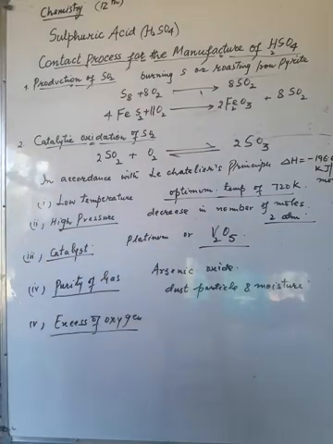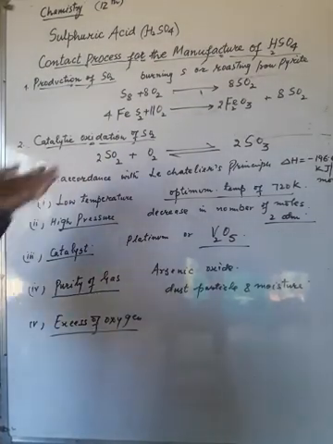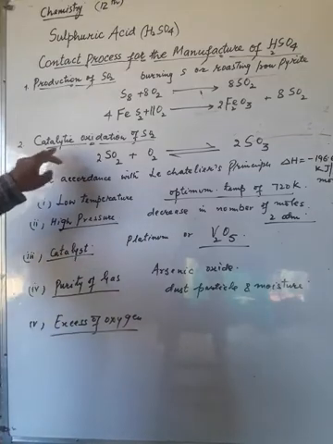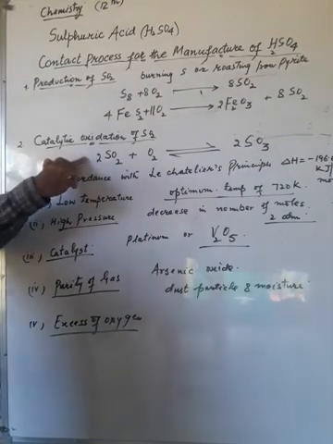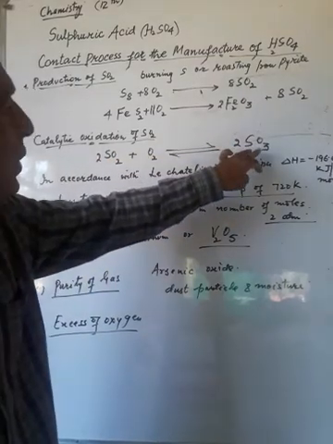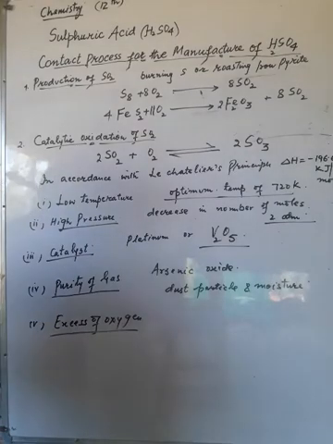In order to get the maximum yield of sulfur trioxide, we must have excess of oxygen so that sulfur dioxide gets oxidized and forms sulfur trioxide. These were the conditions for this important reaction, the conversion of sulfur dioxide into sulfur trioxide, which is the prime step in the manufacture of sulfuric acid.